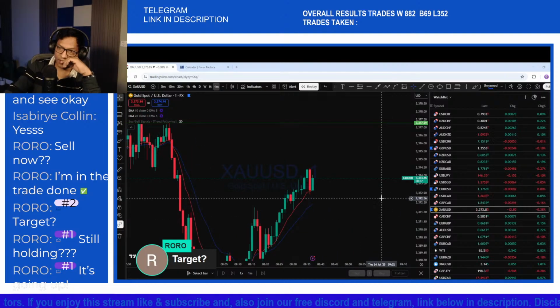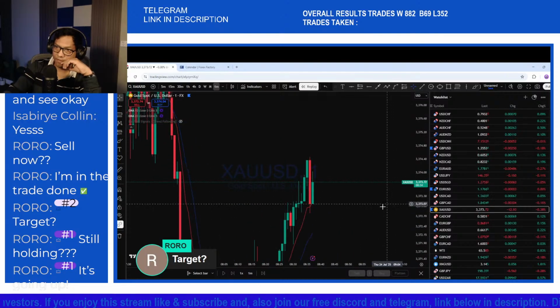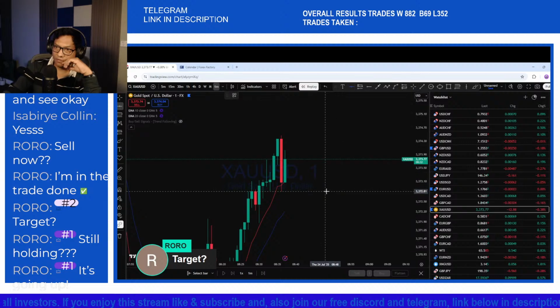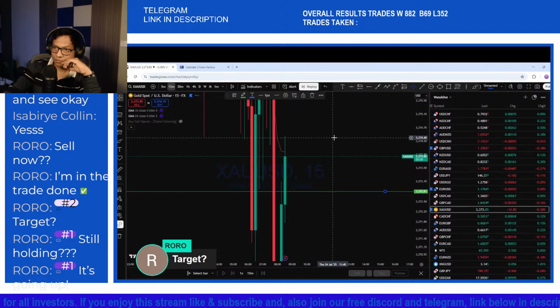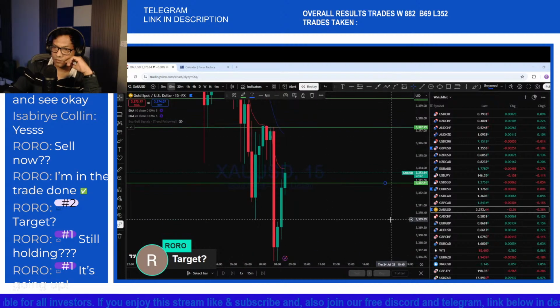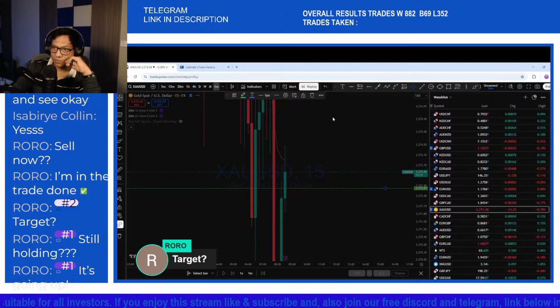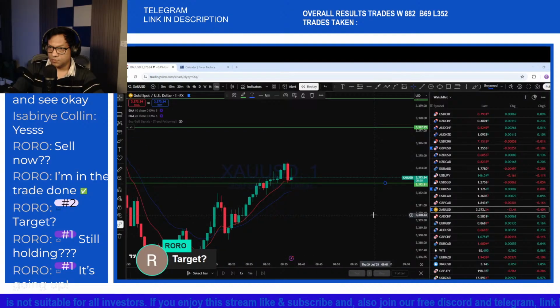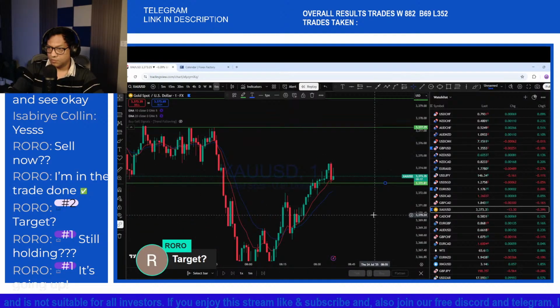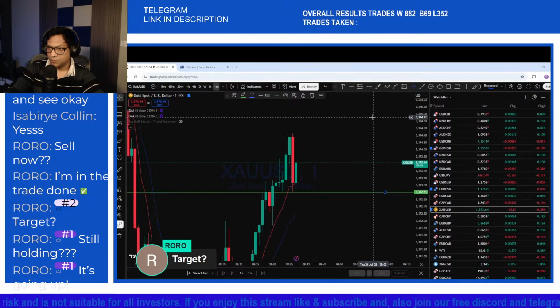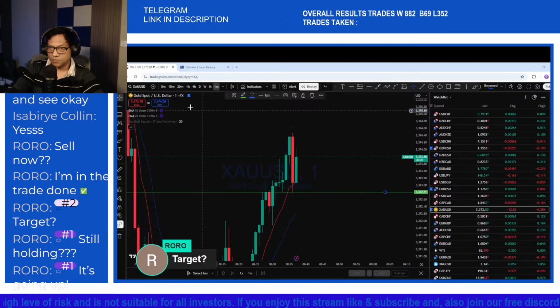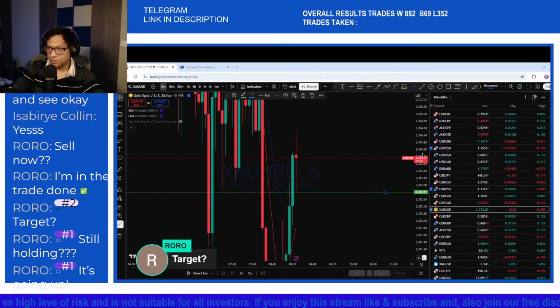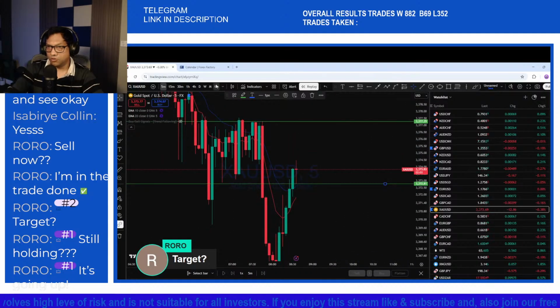Whenever price is breaking below here, it's getting that reaction. So it still may continue to bounce here.